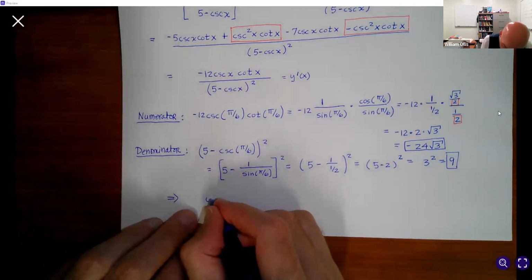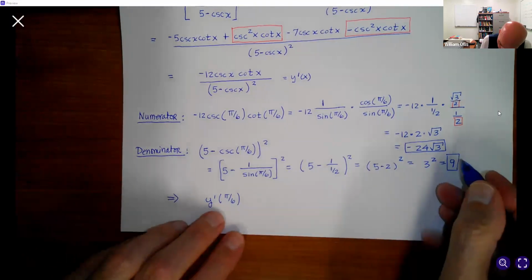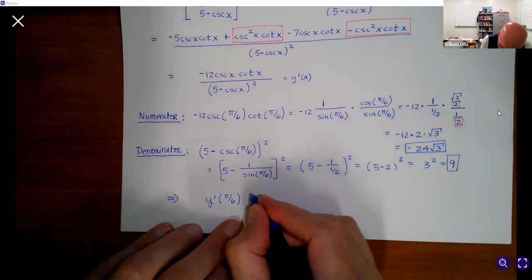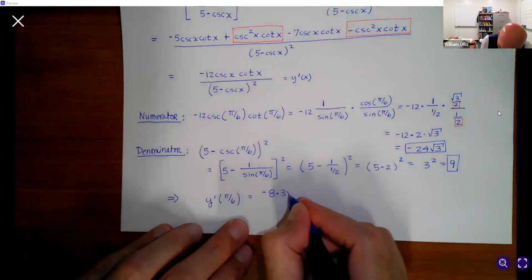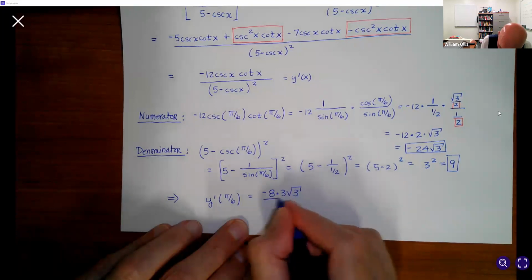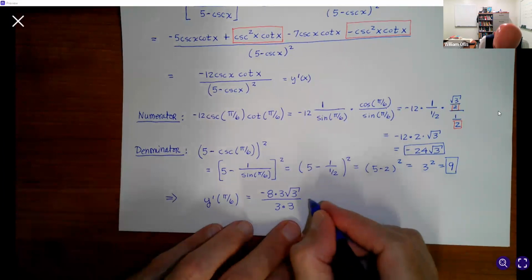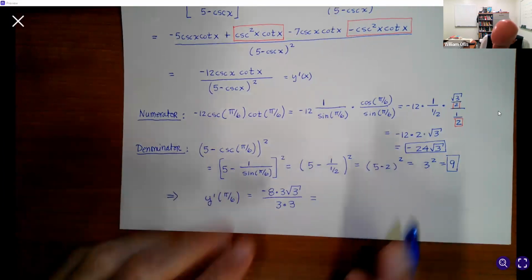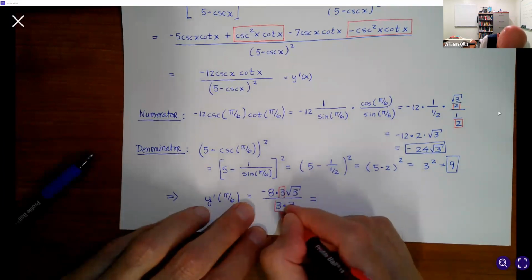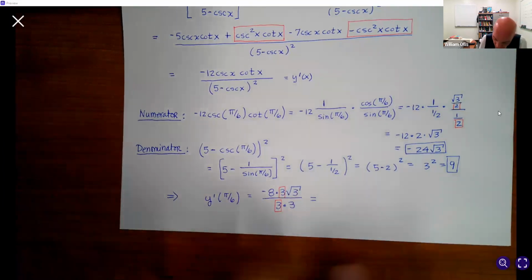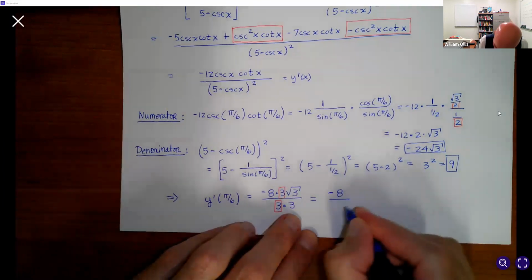So now we have y prime of pi over 6 will now be the numerator. And of course, we can factor that. We have a negative 8 times the 3 root 3 divided by 3 times 3. But of course, everything's going to absorb, very simple. The 3's absorb. And then, of course, the root 3 absorbs into the 3's. That gives us a negative 8 over root 3.